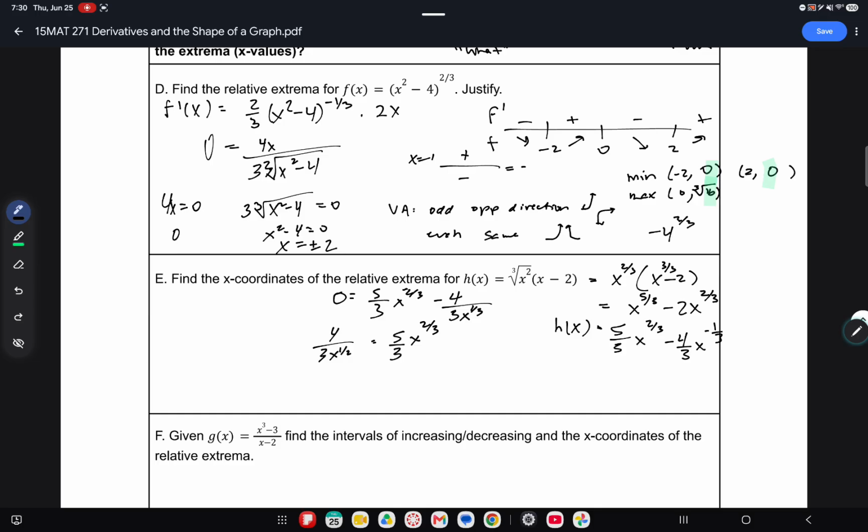And then I'll probably cross multiply. So 4 times 3 is 12. 3 times 5 is 15. And x to the 1/3 times x to the 2/3, I can add that together, right? And then divide both sides by 15. And reduce that fraction. So both go by 3. So 4/5.